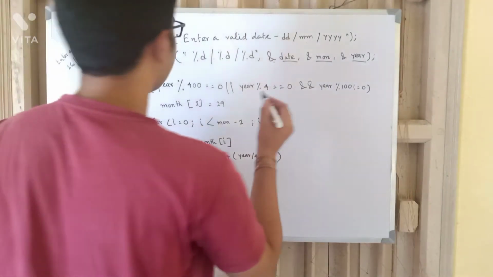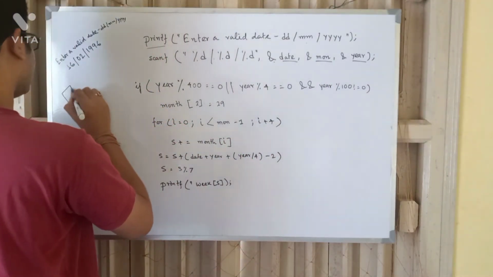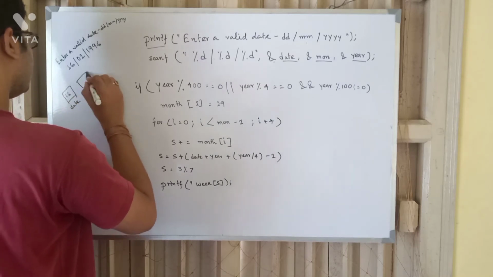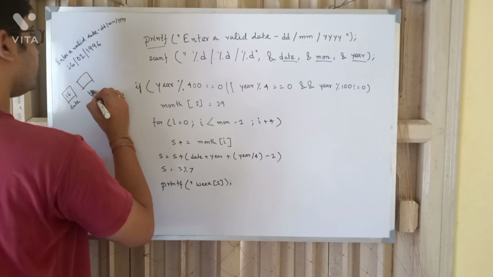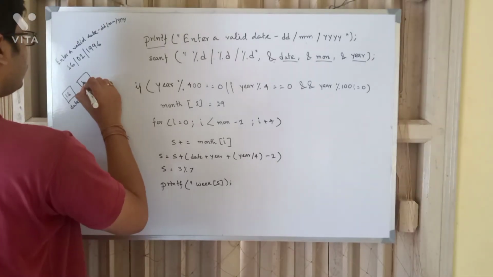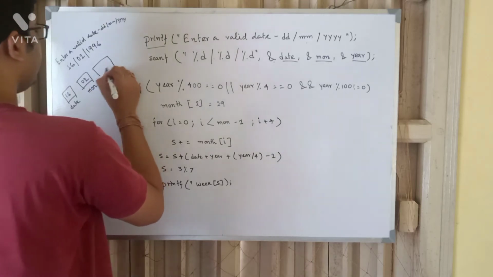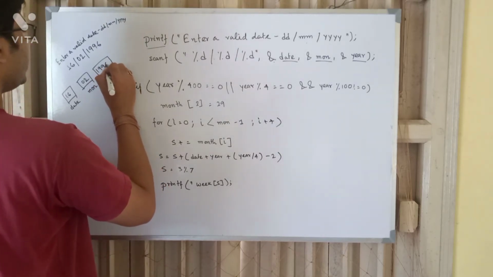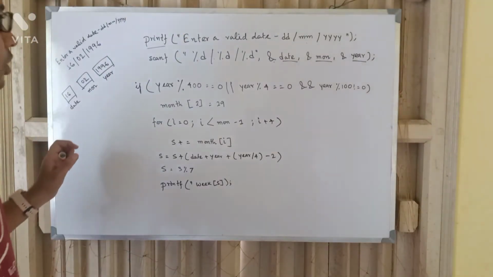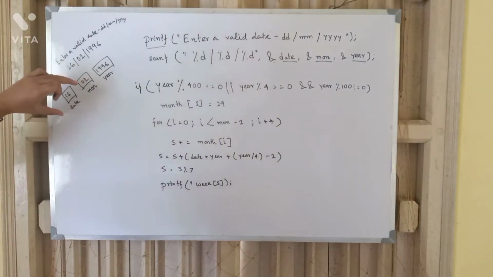So the date variable will have the value 16, the month variable will have the value 02, and the year will have the value 1996. So this will be the scenario.